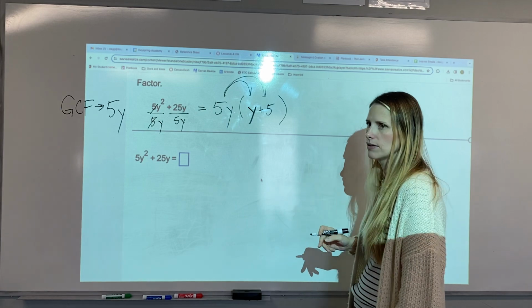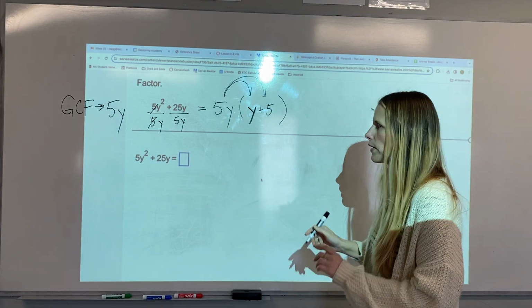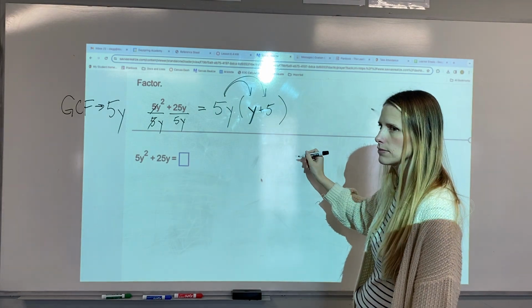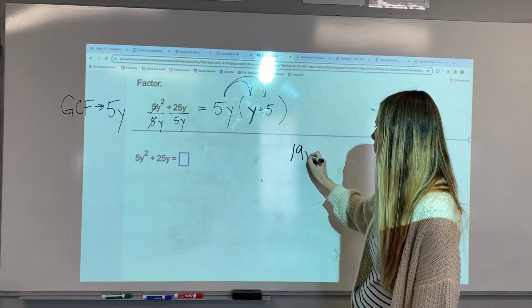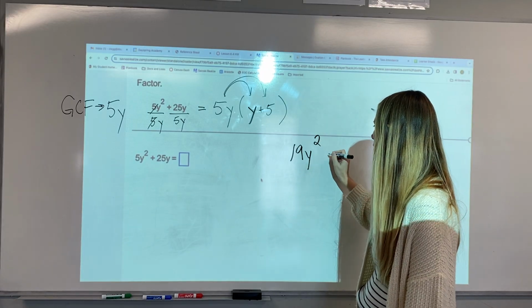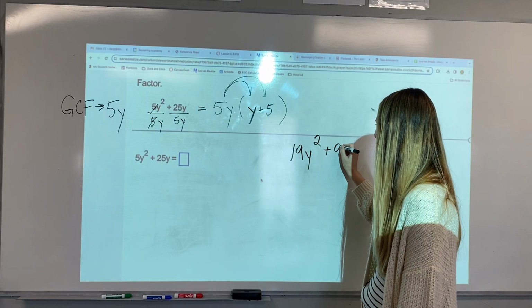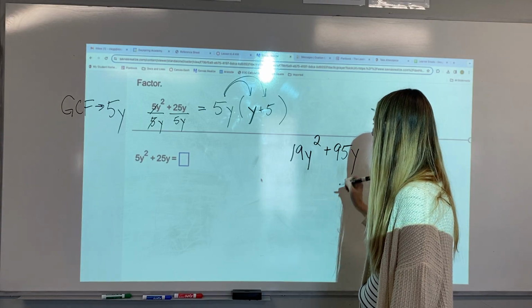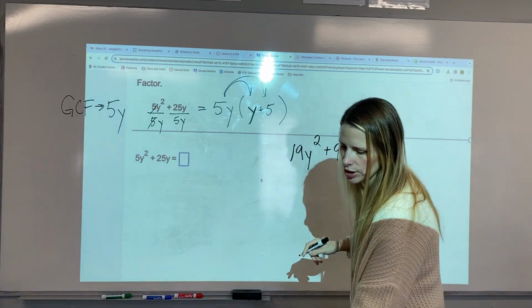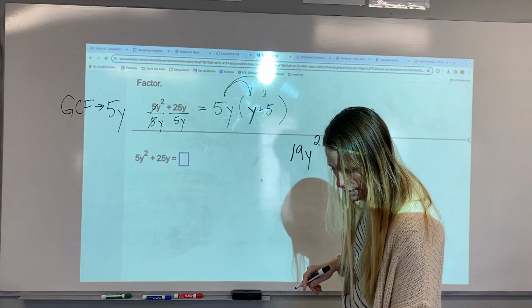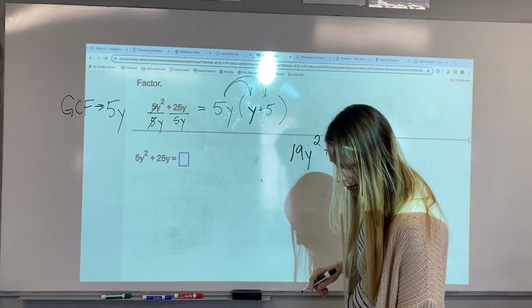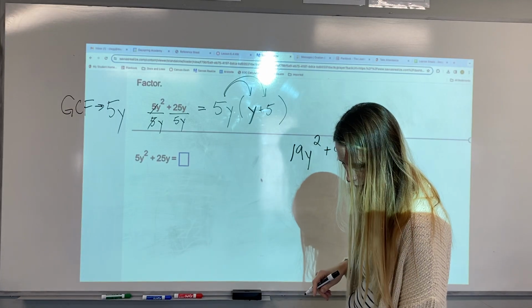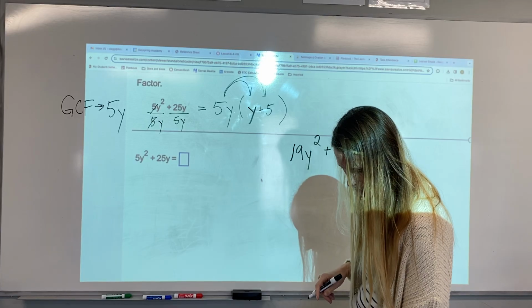Will you help me? Yeah, do you have a different one? Okay, go ahead. 19y squared plus 95y. So all you need to do is get your GCF of those, which I'm assuming is 19. 95 divided by 19 is 5.